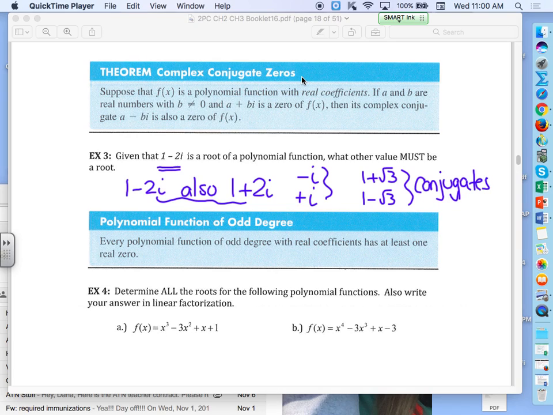So these roots come in pairs that way. That doesn't hold true for rational numbers. Like if 1 is a root, it does not mean that negative 1 necessarily has to be a root. So they don't come in conjugate pairs, just imaginary numbers and irrational numbers with square roots.